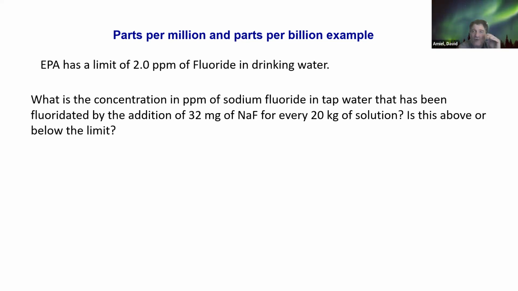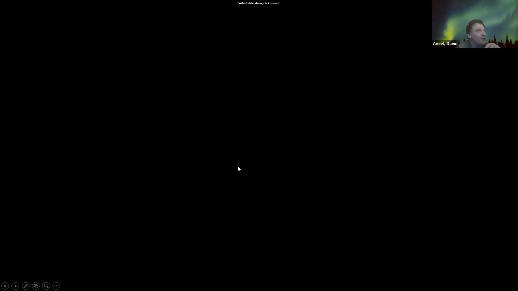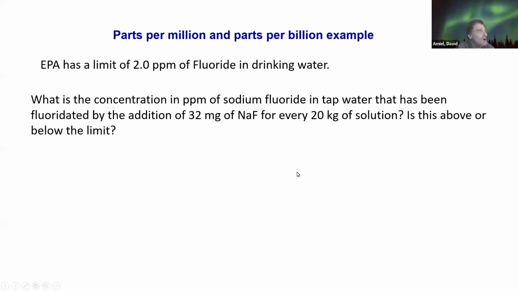Are you above or below the limit of fluoride that can be in drinking water? You're given the mass of the solute in milligrams and the mass of the solution in kilograms. You do the same thing, you divide those two numbers, but this time you're in ppm, so you're multiplying by 1 million.